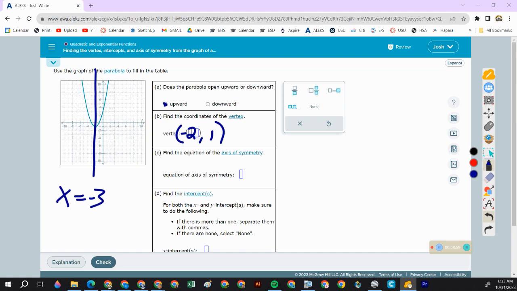And the intercepts, x equals -3. Oh, sorry, this is -2. x equals -2. And then the x-intercepts are -3 and -1. And the y-intercept is 3. All right. That's it. Get to work.